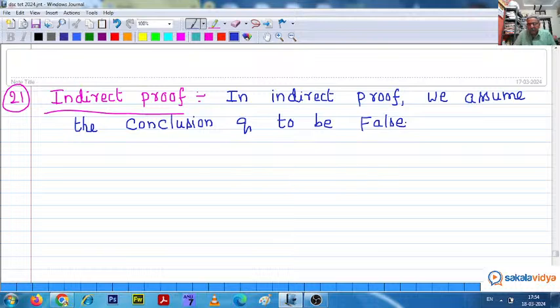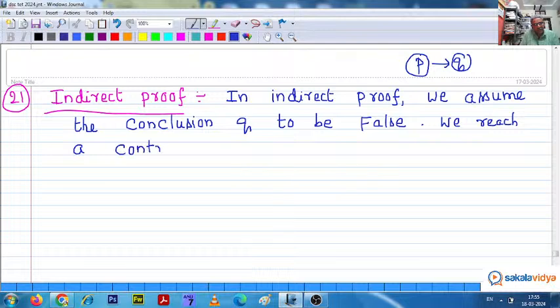First let us suppose that Q is false, because we need to prove like this: P implies Q, P is the hypothesis, Q is the conclusion. So, in this indirect proof we assume that the conclusion Q is false, and we reach a contradiction after some steps.